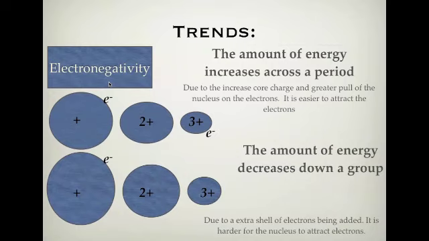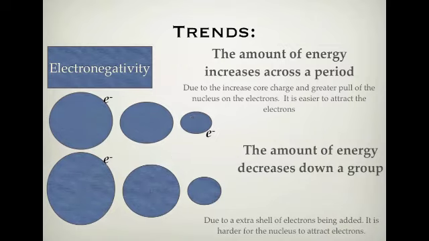Moving across, it increases. Moving down, it decreases. And again, as I said, all I'm doing is referring straight back to the core charge. So once you understand core charge, you're pretty much right for your trends.